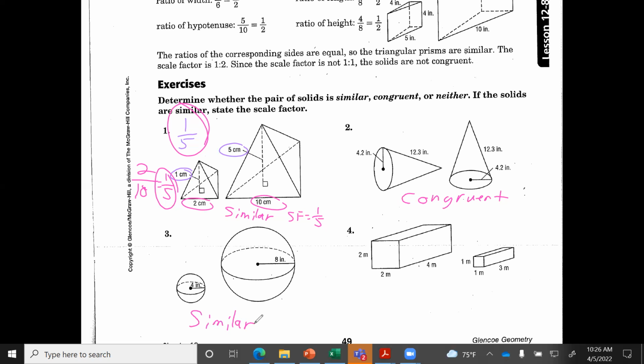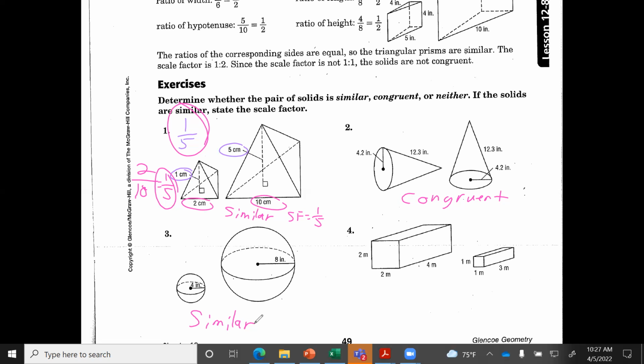Can we ever have two spheres that are not similar? No. So just like in our two-dimensional shapes, there were several shapes that were always similar. Our regular polygons are always similar, and our circles are always similar. For our three-dimensional shapes, our regular polyhedrons are always similar, and our spheres are always similar.